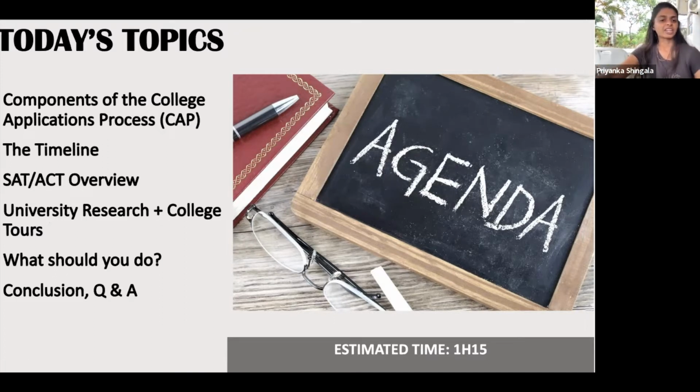I'd rather give you action steps so that when you walk away from here, you have an exact to-do list basically of what website you should be looking on, who you reach out to, etc. So we're going to talk about actual concrete steps you could take. And conclusion and Q&A, really, that's just a formality. Realistically, after every single topic, I'll be asking for questions. You can, like Sarah said, just post them in the chat at any point, and I will get to them. Okay, let's get started.